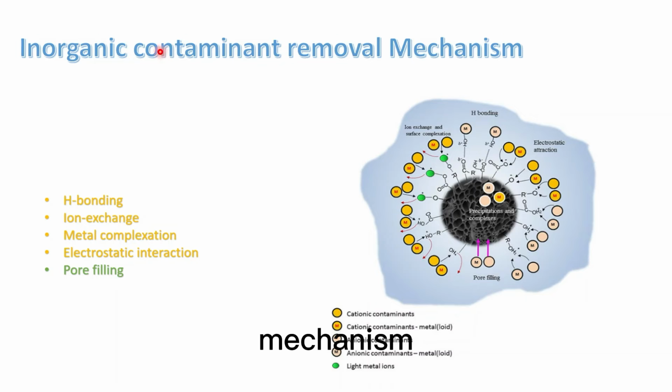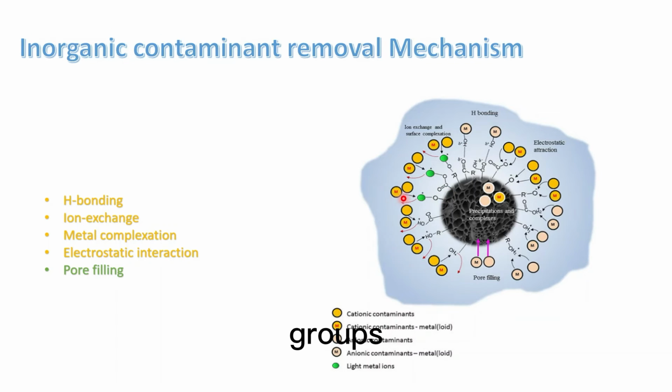The possible mechanism of the inorganic contaminants removal using biochar involves hydrogen bonding, ion exchange, metal complexation, electrostatic interaction, and pore filling. The abundance of negatively and positively charged sites on the surface of the biochar enables the interaction with the cations and anions from water.